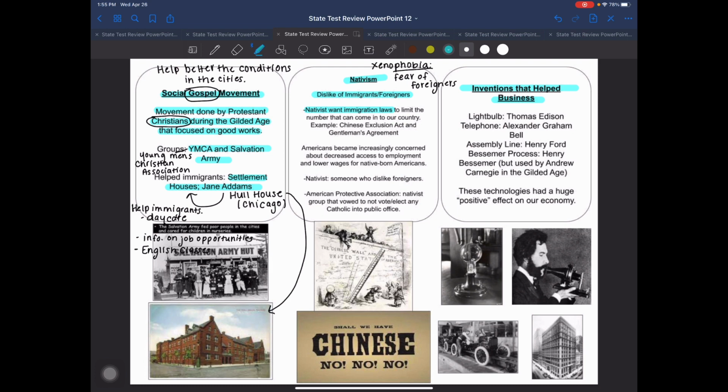So the very first two laws that we passed that actually is going to keep certain immigrants out is going to be the Chinese Exclusion Act. And then there's going to be something else passed or agreed on called the Gentleman's Agreement. The Chinese Exclusion Act is actually, the name gives it away, is going to particularly keep out the Chinese.